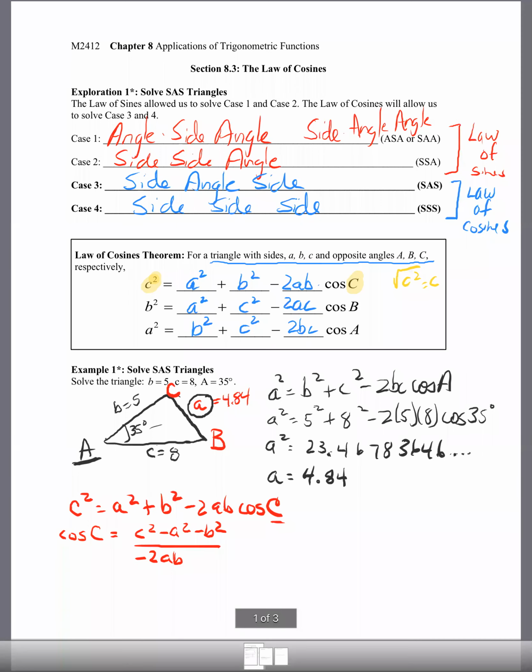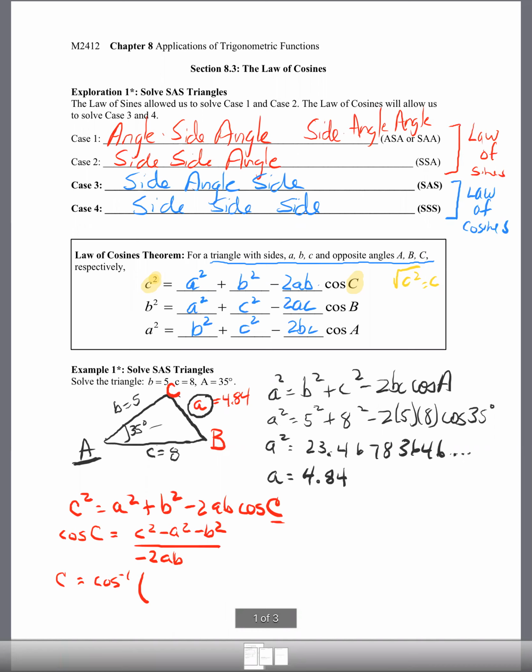Okay. So if you go and plug in the values that we know, we can say that C is going to be the inverse cosine then. This way we can do it in one stop shopping. And let me put in my values now.